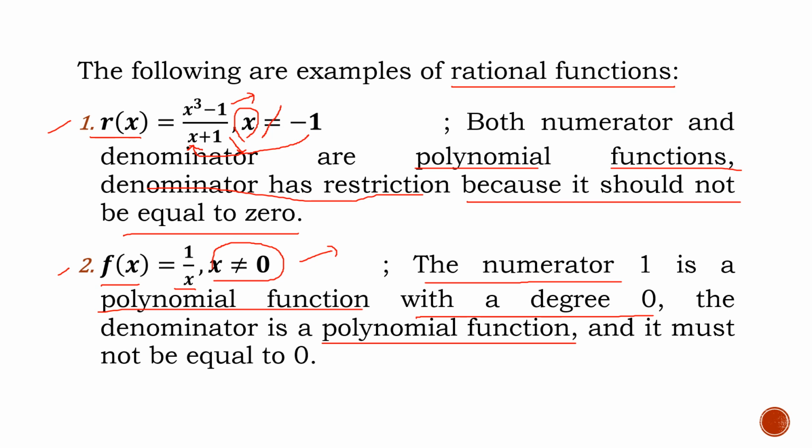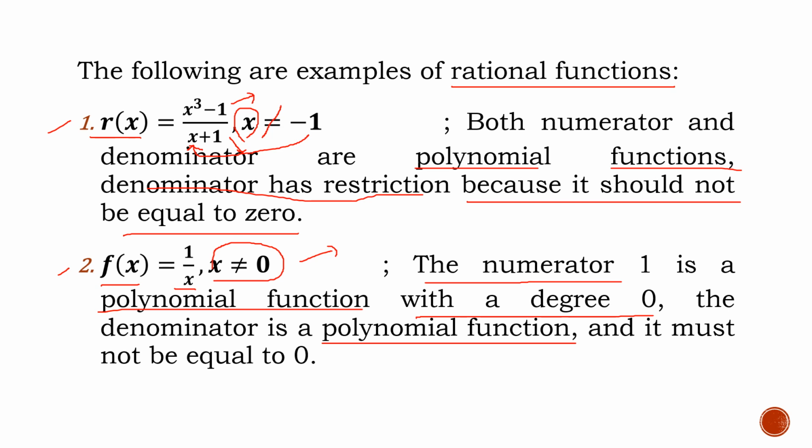In your rational function, you need to check first if your numerator and denominator are polynomials, and you need to make sure that you put in a value of x which can give you a value of denominator that is not equal to 0. There are two considerations.